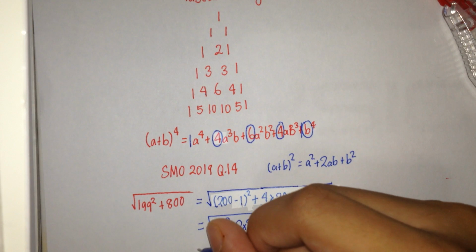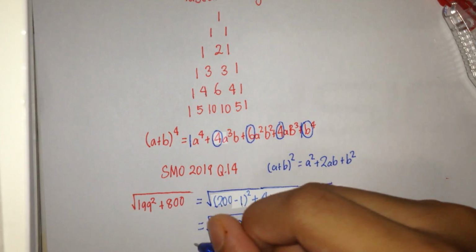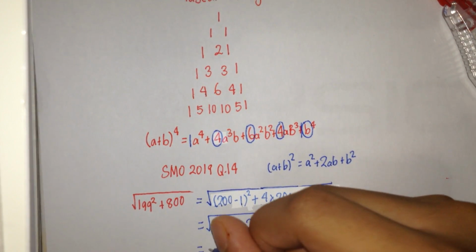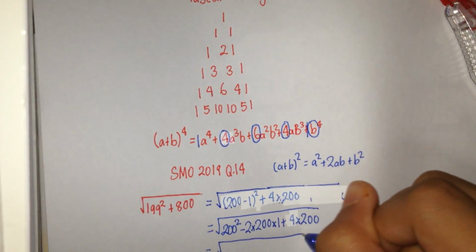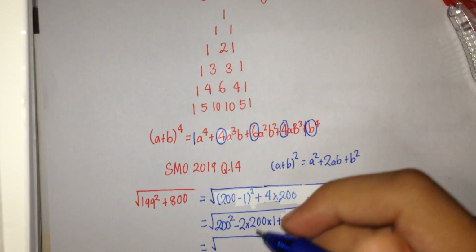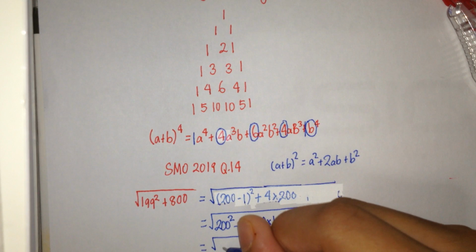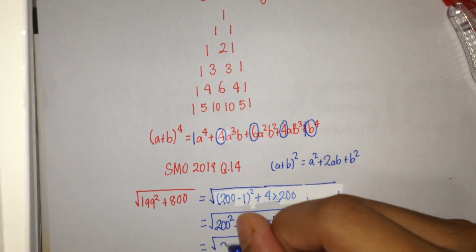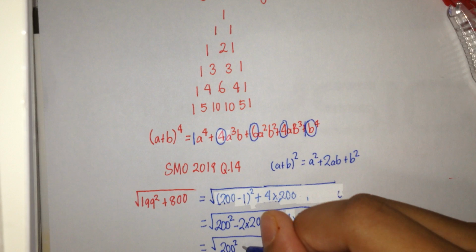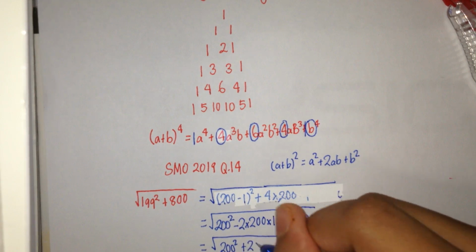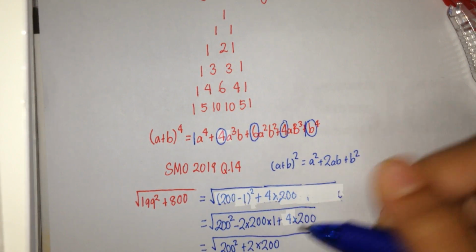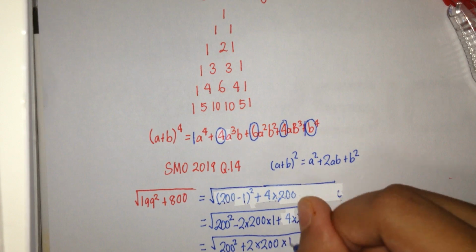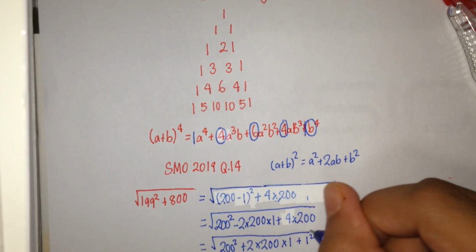So how does this help? I can actually factorize this. I can make this 200 square plus 2 times 200 times 1 plus 1 square.